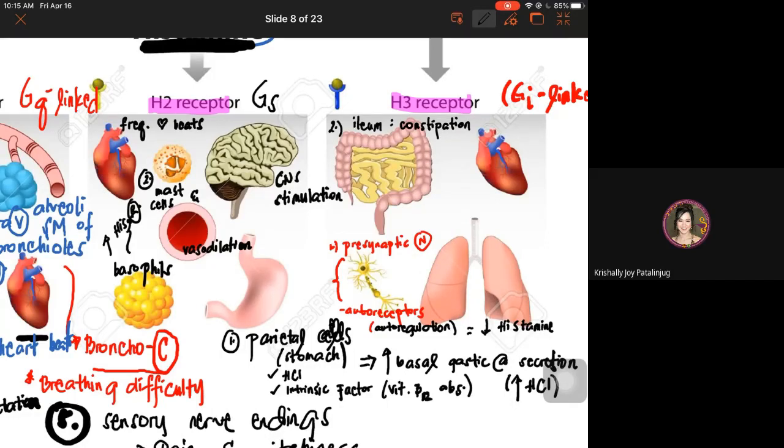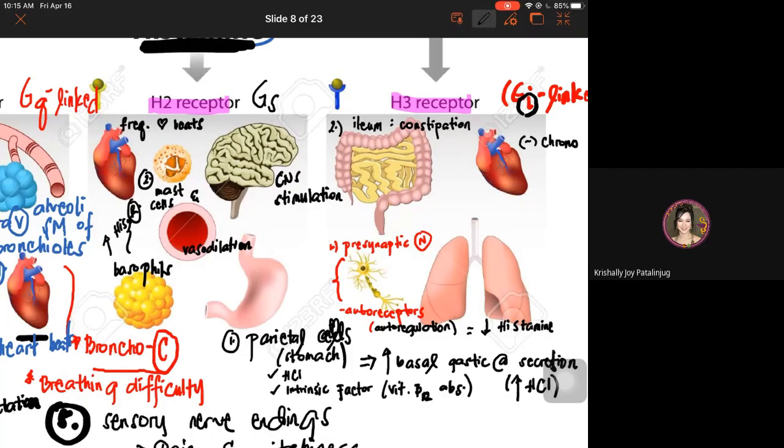Okay? Then in the heart, take note, its effect is inhibitory overall. So in the heart, there will be a negative chronotropy. You know already what chronotropy is. That has something to do with the heart rate.